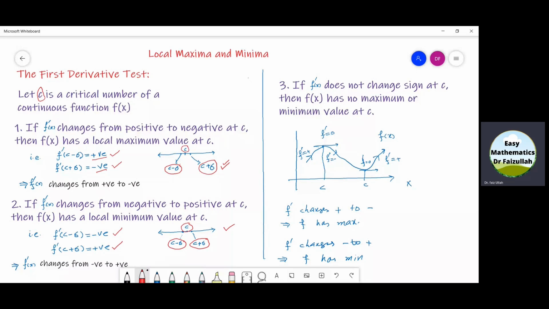We will say that f dash changes sign from negative to positive, and hence f of x has a local minimum value at that point. Then the third point says if f dash does not change sign at C, then f of x has no maximum or minimum value at that point.